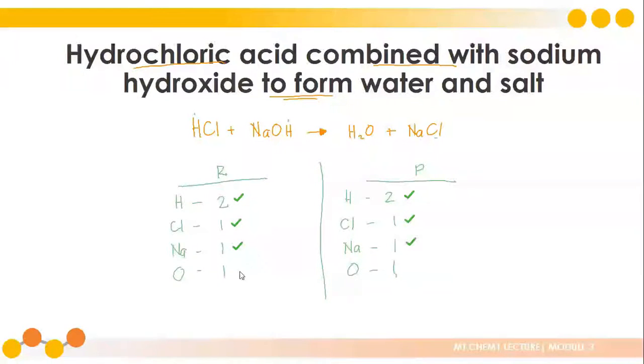We have one molecule of oxygen on the reactant side and one molecule for the product side. Okay? Simply looking at all of these check marks, we can indicate that this chemical equation is now a balanced equation.